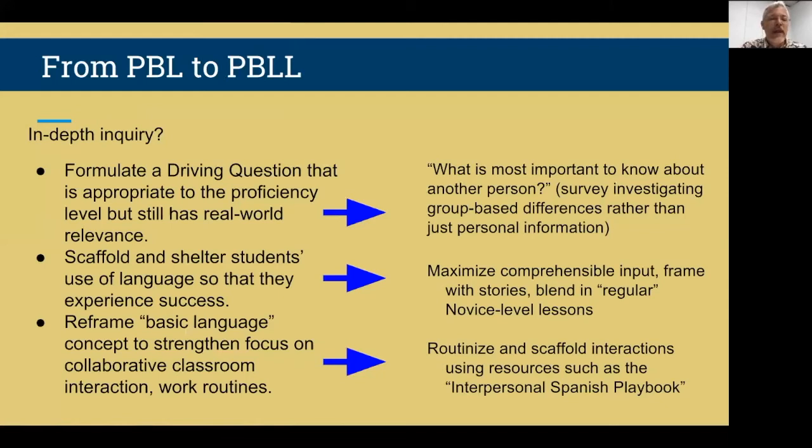So language about working together or about interviewing informants becomes very important, and learner use of this kind of language can be supported through the use of various kinds of scaffolding, including cheat sheets that help structure learner interactions. So one example is the interpersonal Spanish playbook that you can find on the web.